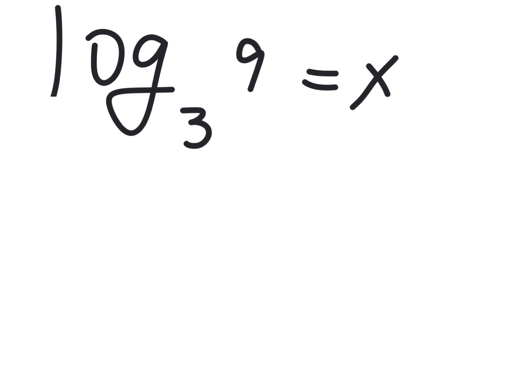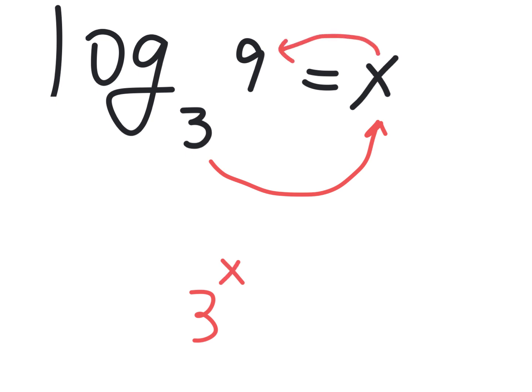I guess it's kind of like Jeopardy, where this is the answer, and now I want to know what the question was. You still could do the circle of logs. 3 to the x equals 9. This one's called log form. This one's called exponential form because it's got an x in the exponent.